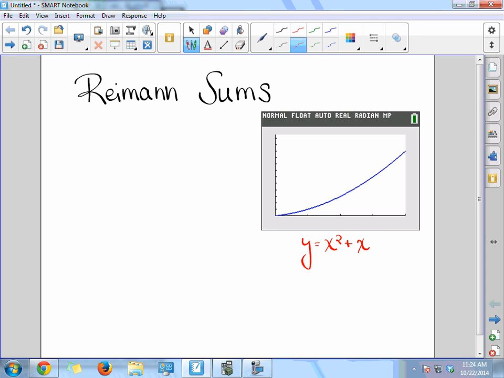And so if you were to calculate an antiderivative for this function that I have here, x squared plus x, you guys know that you would just do a backwards version of the power rule, and you would end up with, I think, 1/3 x cubed plus 1/2 x squared.